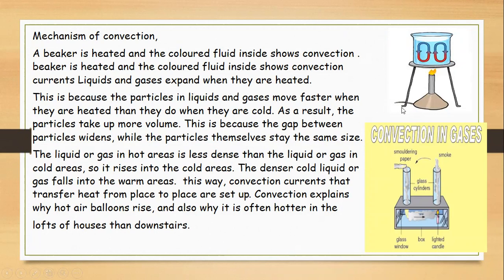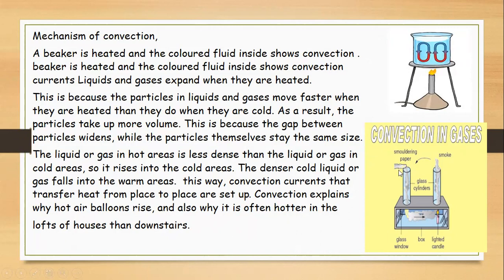When they expand, they move faster, and they become less dense and rise up, and the more dense liquid that is on the side sinks down. So this is how the convection current is formed.